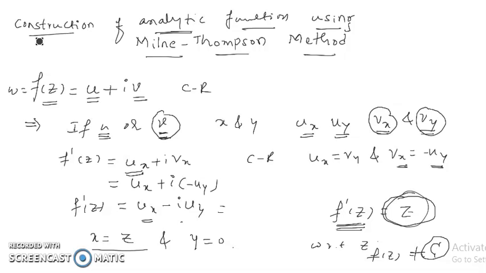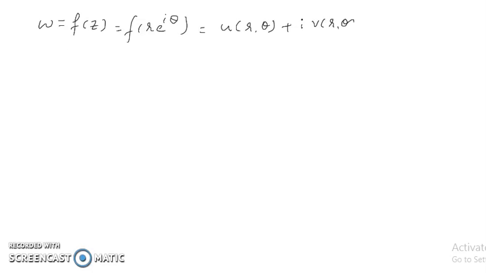Similarly, we are going to discuss the same thing in case of polar form. Whatever we have discussed so far is in case of Cartesian. In polar form, the function w is equal to f of z, that is f of r e to the power i theta, will be given in the form of u of r comma theta plus i into v of r comma theta.